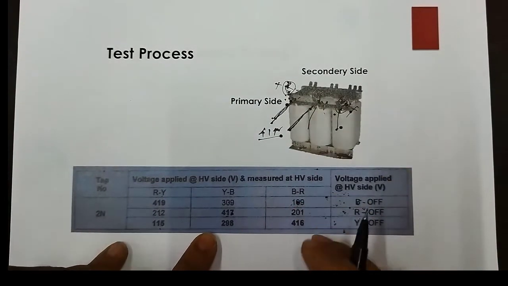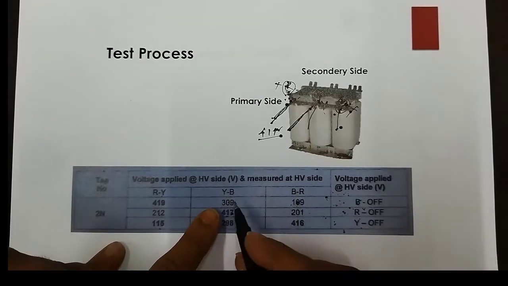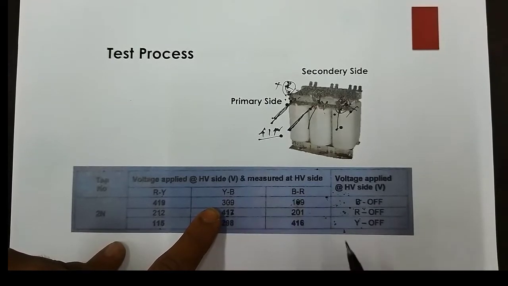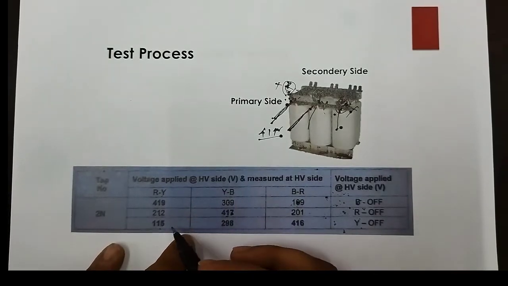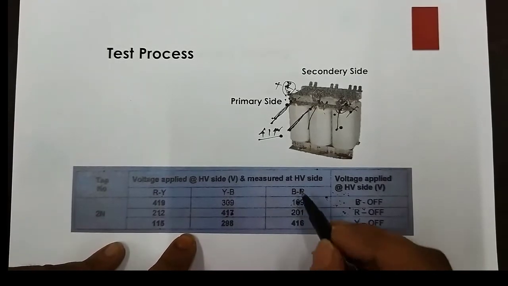In the three cases, you will notice that in the first case, when we keep the B phase off, most of the voltage we found in YB, and some portion of the voltage, 10 to 30%, we found in BR. In the third case, we found most of the voltage in the opposite, exactly the opposite.